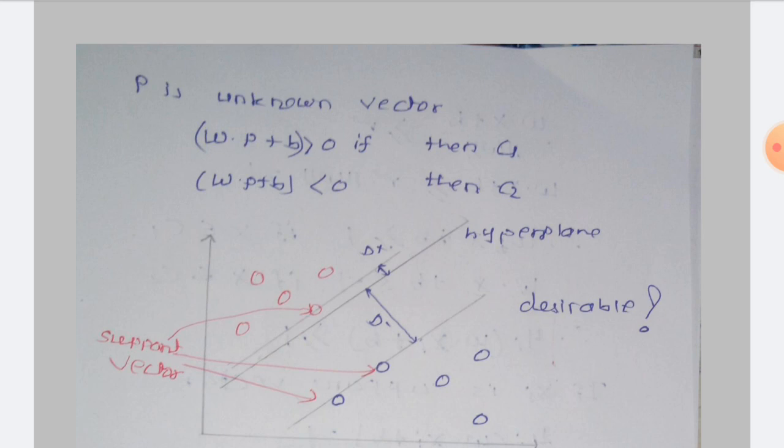But here it is an unknown vector. We don't know whether it belongs to class 1 or class 2, so we don't have the yi value. So how do we cross check? We compute W dot p plus b. If this term is greater than 0, then it belongs to class 1. And if W dot p plus b is less than 0, then it belongs to class 2.